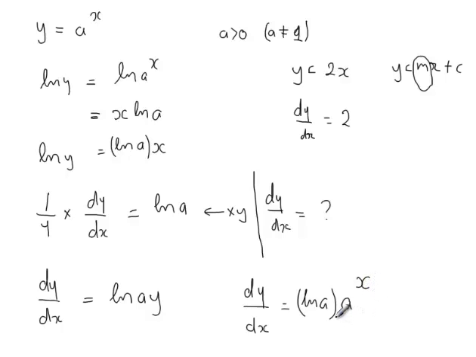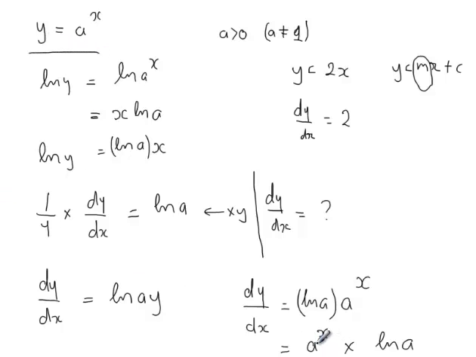What are we being told? Writing this simply, you can say a power x multiplied by ln a. What am I differentiating? I'm differentiating this. What am I getting?